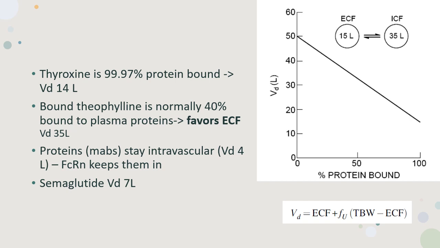You just don't know. And actually, semaglutide is protein bound. That's how they got such a long half-life. So I was actually really surprised to see it was 7 liters. I was expecting a lower one. Anyway, the point is we don't always know what it means. Let's move on here.